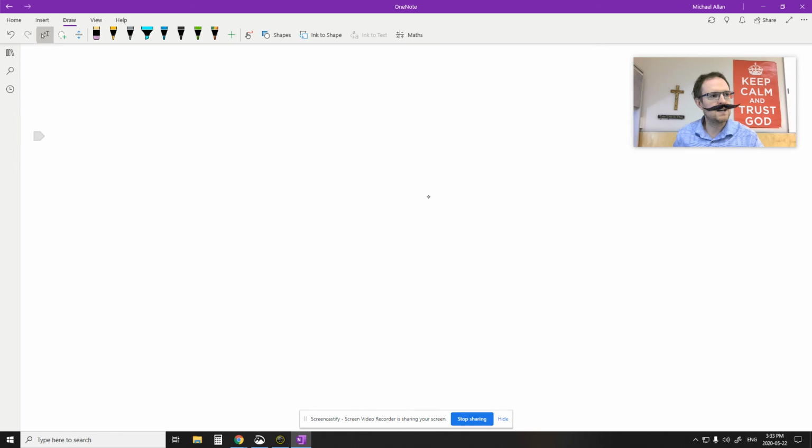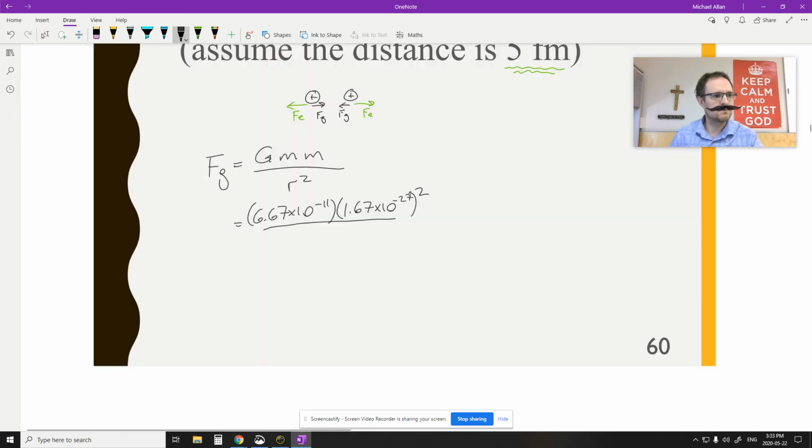And I'm going to divide by the radius, which is 5 femtometers. So that's 5 times 10 to the negative 15 meters squared. Okay, let's plug this in my calculator here.